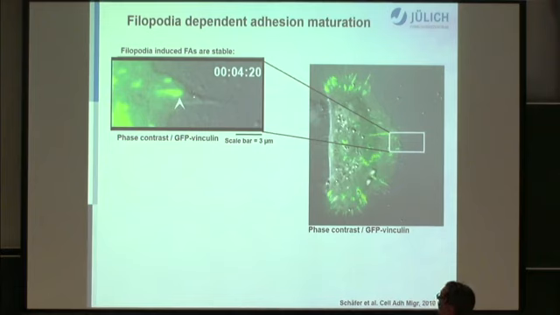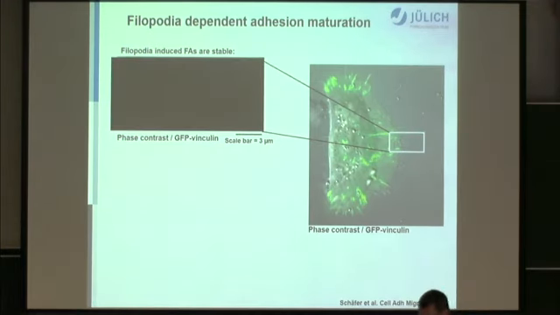So you have the filopodium formed, a focal adhesion. The filopodium formed, a focal adhesion, and so on. So this is, for this cell type, what makes sure that the stable focal adhesions immediately have clear contact to actin bundles.